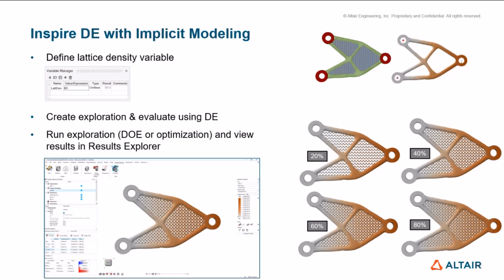In this case, fairly simply, the implicit modeling was done. A variable was defined which corresponds to the density of that lattice structure, and an exploration was created. I think it's a DOE in this case, using Design Explorer. That variable was leveraged, some responses were defined, and the lattice density was varied very quickly. There are images at the right showing it at 20, 40, 60, and 80%.